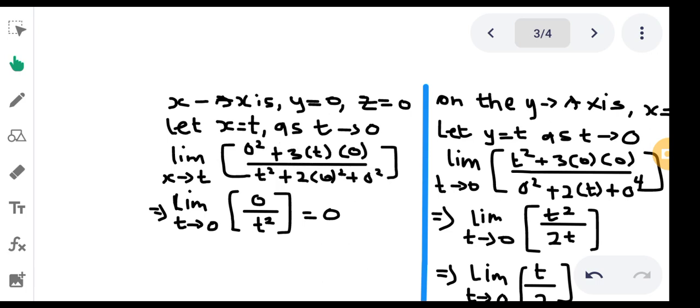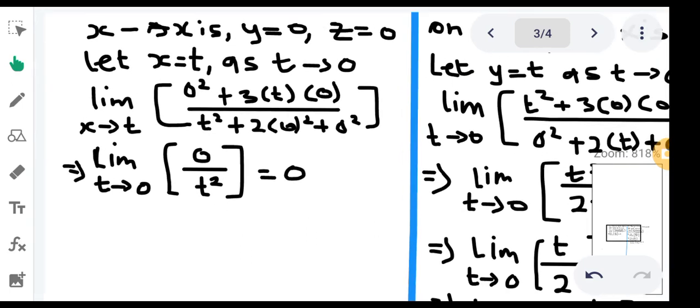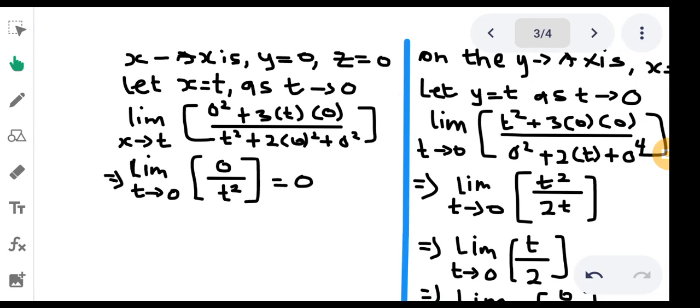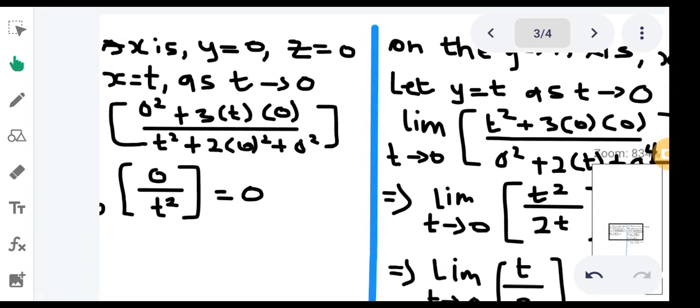On the numerator, you are going to get 0 over t squared. But mind you, don't further put t to be 0 here, because you are going to get indeterminate. Wherever we have 0 over a certain number, the result is 0. So 0 over any number is 0, and you are getting 0 from this part.